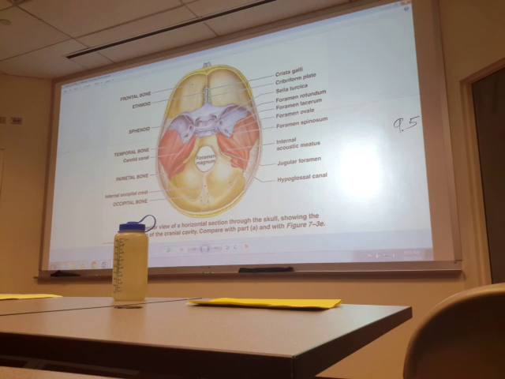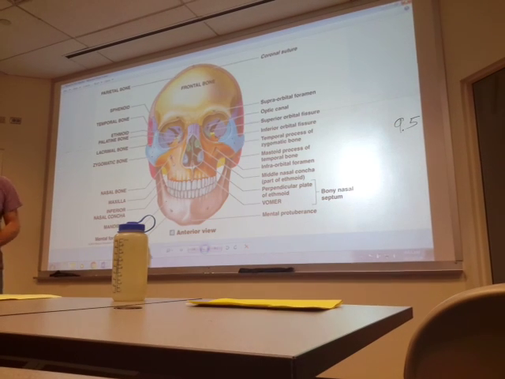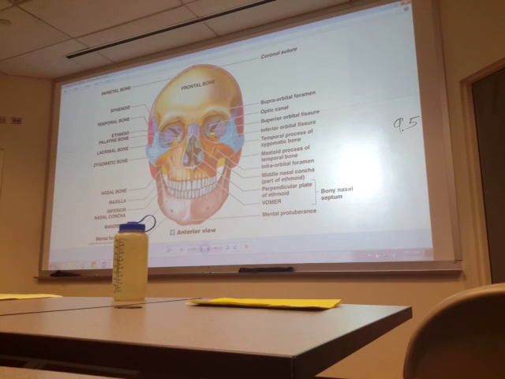That's not what I mean by color-coded. I just mean it makes it easy for you to see one bone versus another, because of the different colors.